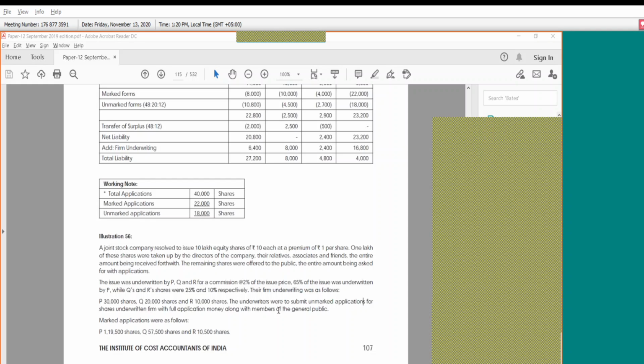So in the unmarked application, these firm underwriting applications are included. So we need not deduct separately this firm underwriting because it is included in the unmarked application itself. That is the reason this problem has some twist. Otherwise, all other things same. Okay, I'll work out the problem.